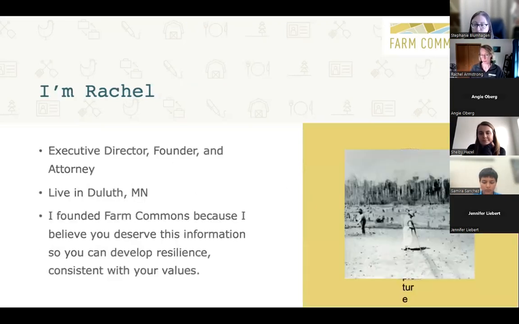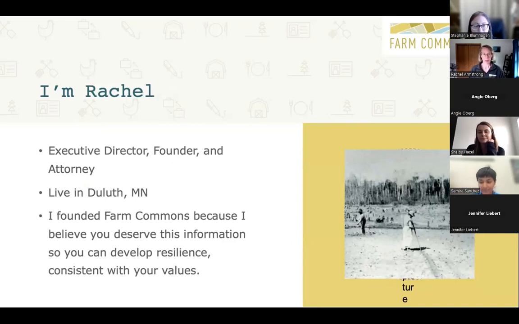My name is Rachel Armstrong. I am actually the founder of Farm Commons as well. I live in Duluth, Minnesota. This is where I grew up, where my family before me farmed. Nice little picture there of what was a cabbage and potato operation long ago. You can see it's in a good cutover area, as so much of northern Minnesota was.